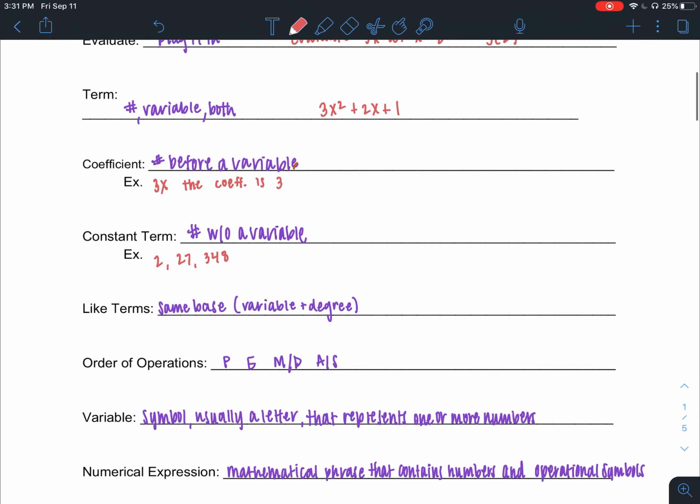Like terms are terms with the same base. They need to have both the same variable and the same degree. So for example, I have 2x and 3x. x is the same variable and the same degree. I could also do 5x squared and 2x squared. Same variable, same degree.